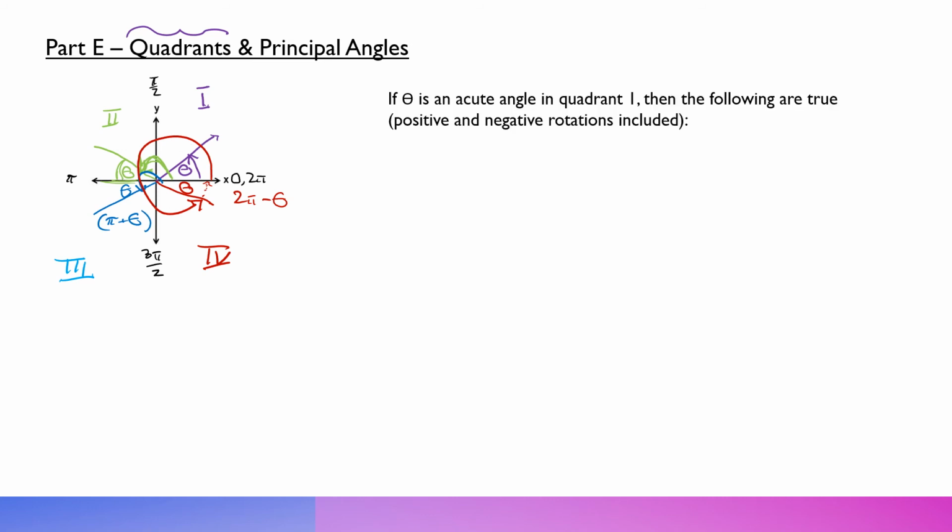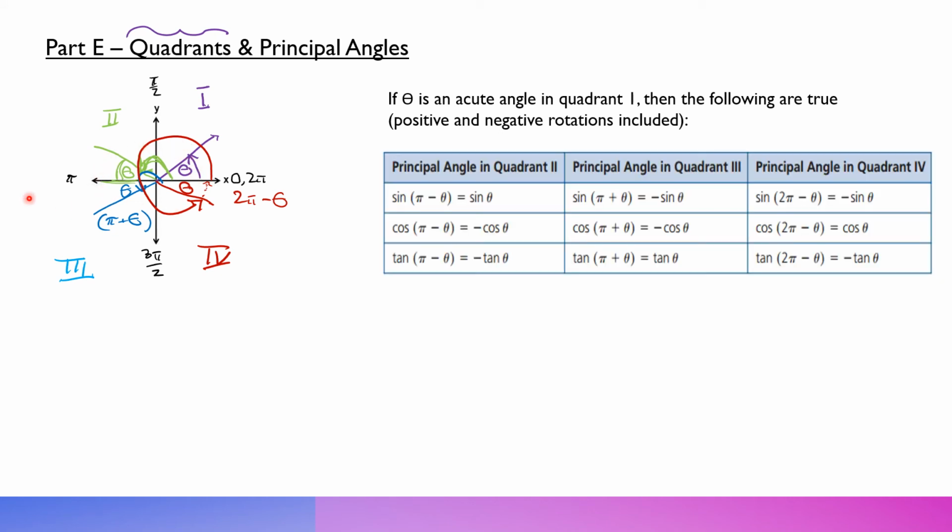If theta is an acute angle in quadrant 1, so if we were starting with the purple one, that's the acute angle in quadrant 1, then the following are true. So going through all the quadrants here, I just want to look at this piece right here, that principal angle in quadrant 1. So sine here, the purple one, everything CAST rule, everything is positive here. So the purple one is positive here.